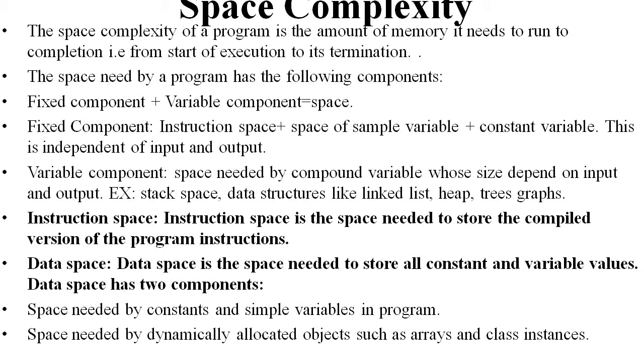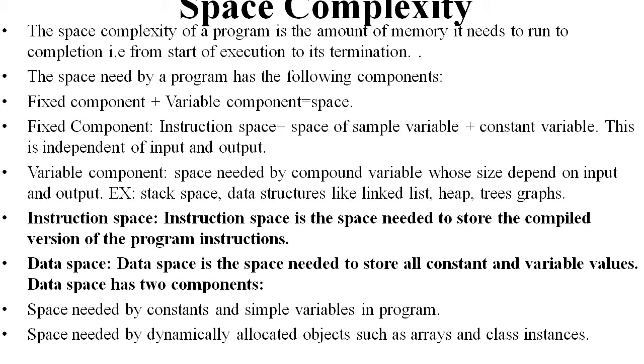So data space contains the space required for constants and simple variables, and the space required for variable components set dynamically at the time of execution, which are related to object space, size of arrays, and class instances. Depending upon the size of the array you give as input, that amount of space is allocated for that particular array.